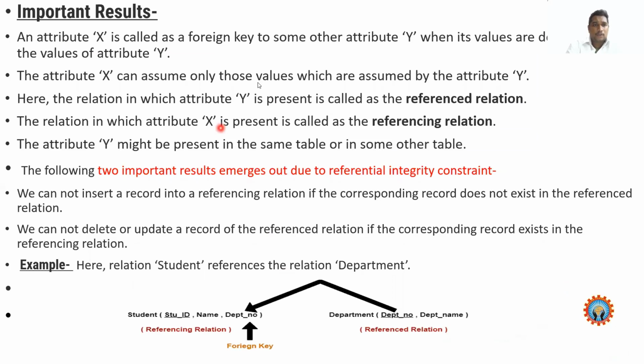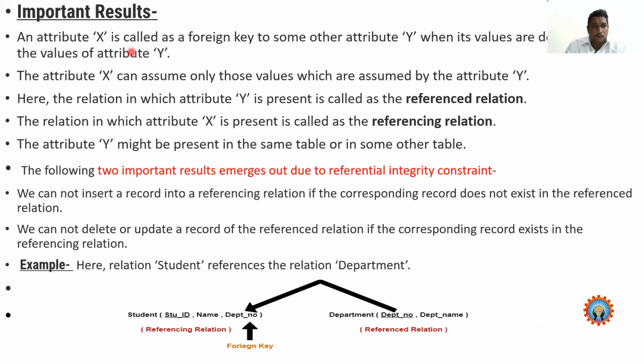Next, coming to some important concepts. See, an attribute X is called a foreign key to some other attribute Y when its values are dependent on the values of attribute Y. We have two attributes in two relations. X is an attribute in one relation and Y is another attribute in another relation.